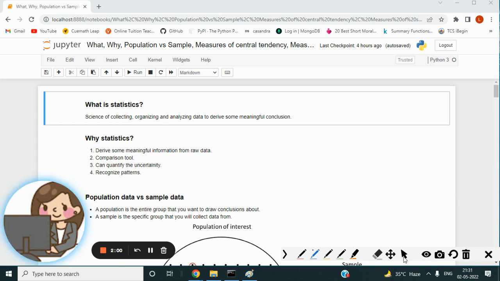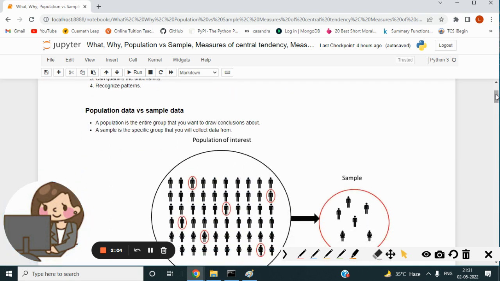Now, when we are speaking about statistics, we have to understand a few terms. One is population data and sample data. Suppose you have data of an entire group from which you want to draw conclusions, then it is known as the population data. If you see over here, this is the entire group, so if the data pertains to this entire group, then we have the population data.